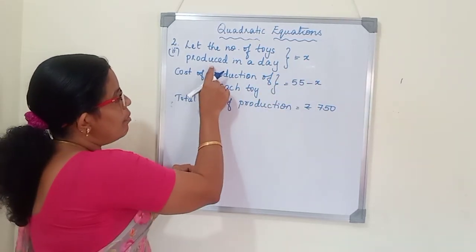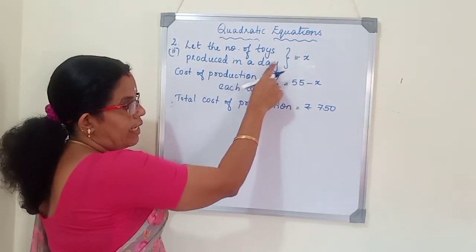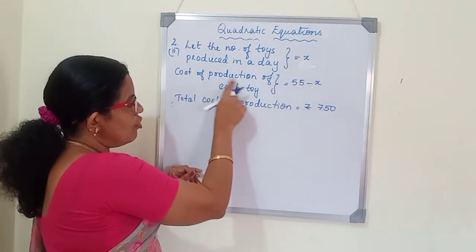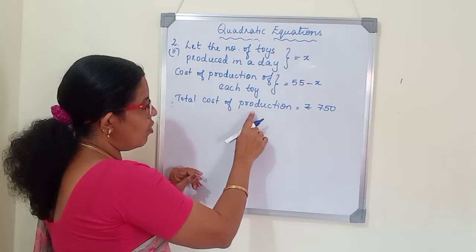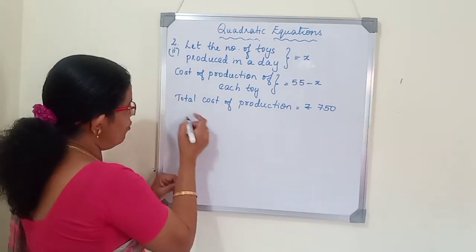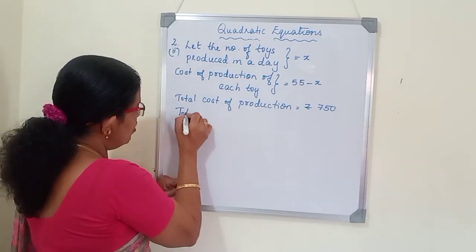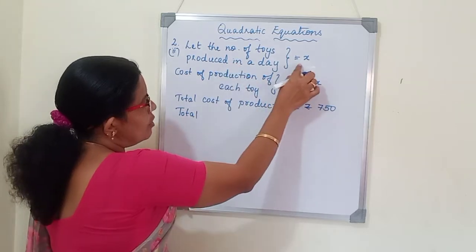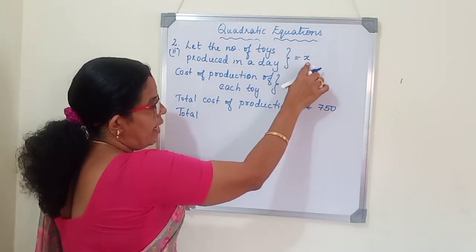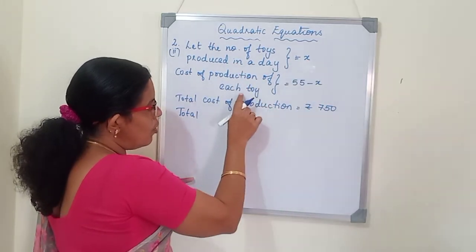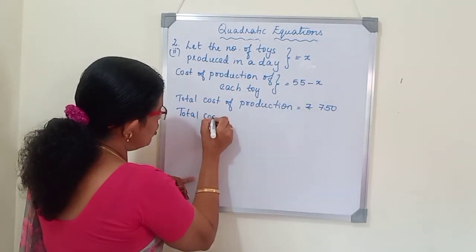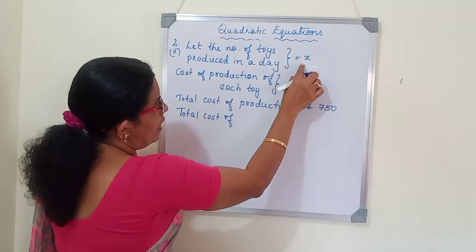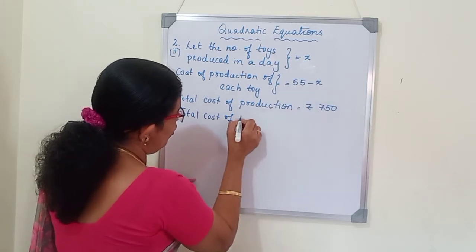So the number of toys produced in a day is x and the cost of production of one toy is 55 minus x. Total cost of production is rupees 750. How can we write the total cost in terms of x and 55 minus x?